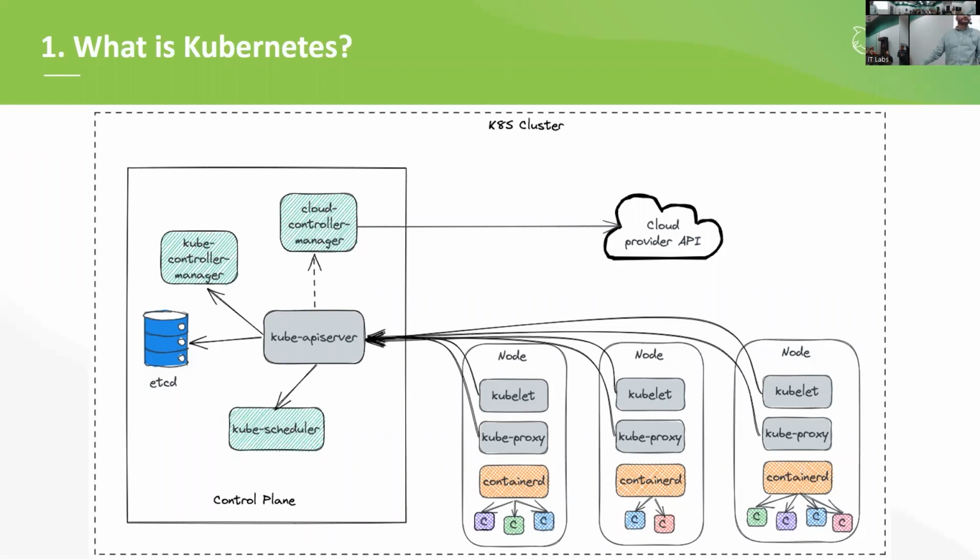So EKS or AKS or GKE, so all the Google, AWS, Azure managed Kubernetes services use this cloud controller manager to talk to Kubernetes and to actually use cloud resources and bring them to Kubernetes. So for example, in AKS, when you create a load balancer in Kubernetes, it actually creates a load balancer in Azure and talks through this cloud controller manager with Kubernetes.